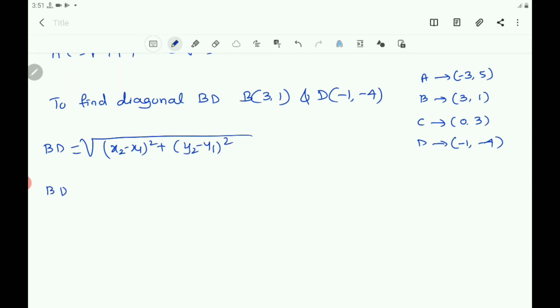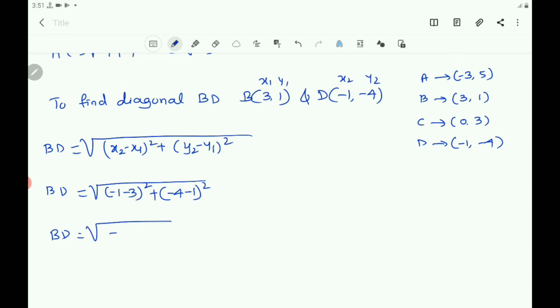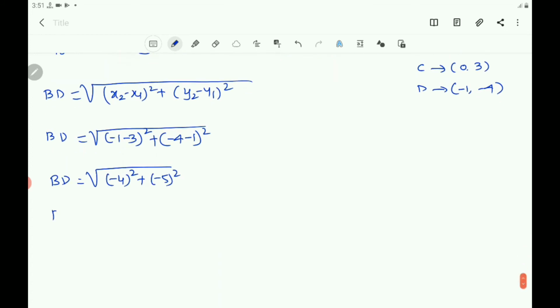So BD equals square root of, x1, y1, x2, y2, x2 is minus 1 minus 3 whole square plus y2 minus 4 minus 1 whole square. So BD equals square root of minus 1 minus 3 is minus 4 whole square plus minus 5 whole square. Then BD equals minus 4 whole square is 16 plus 25. You got square root of 41.